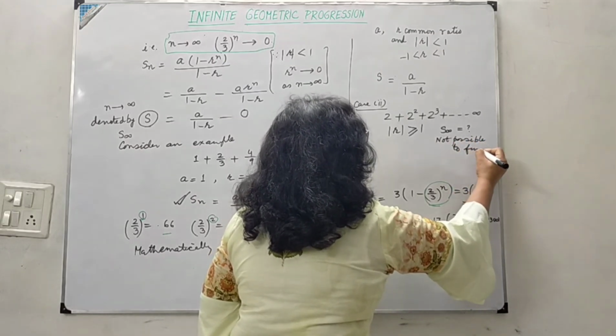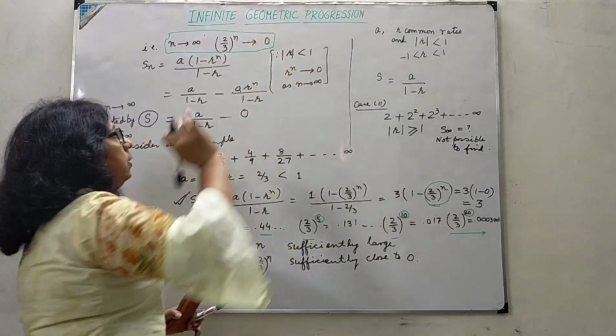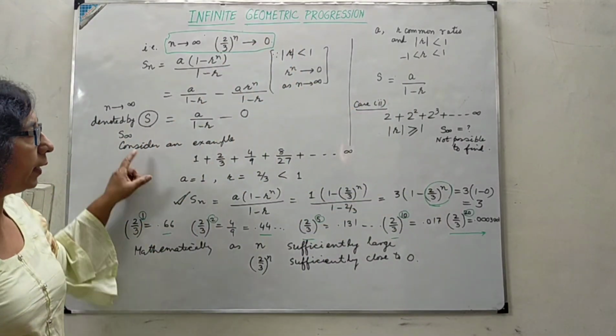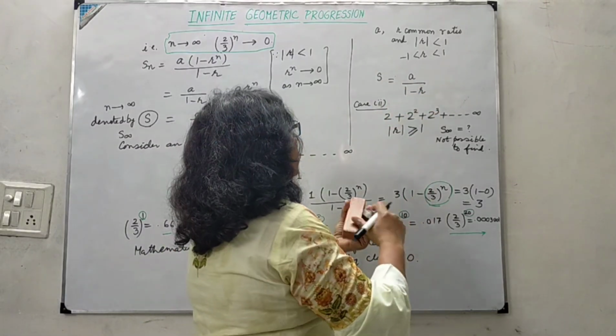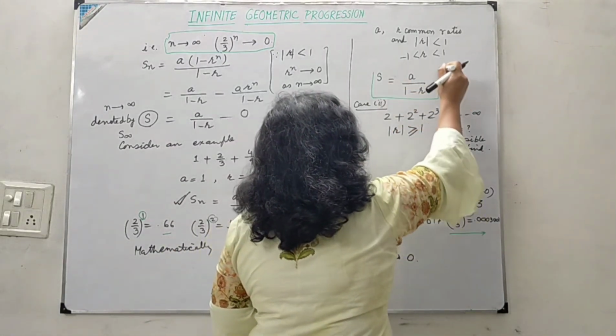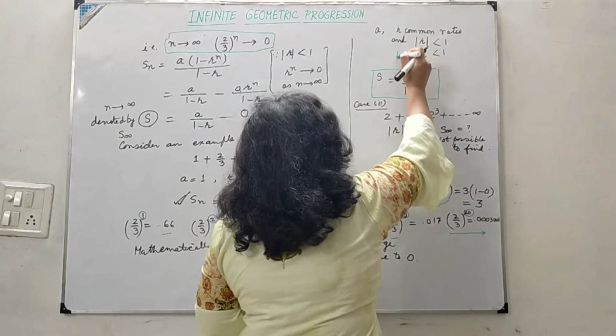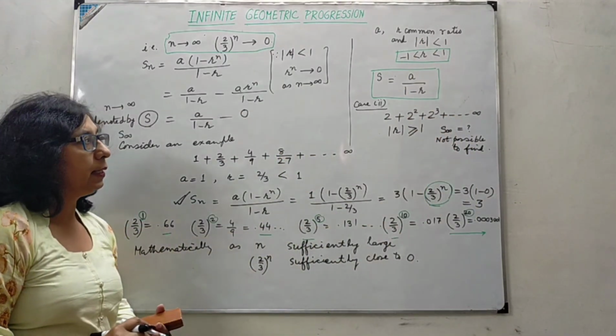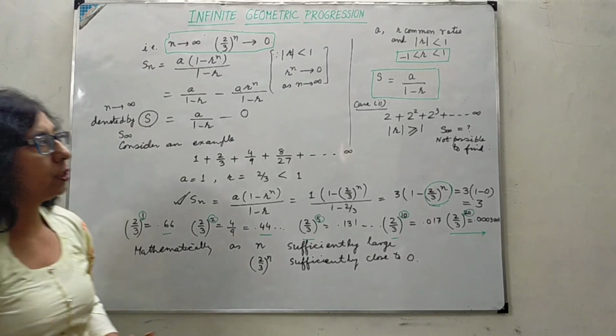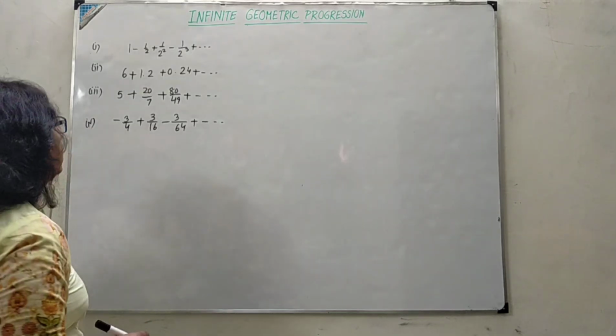So in infinite GP, we have seen that we can find the sum to infinity and apply this formula. This is your S as a upon 1 minus r, only and only with the condition when r modulus is less than 1. So let us see a few examples.